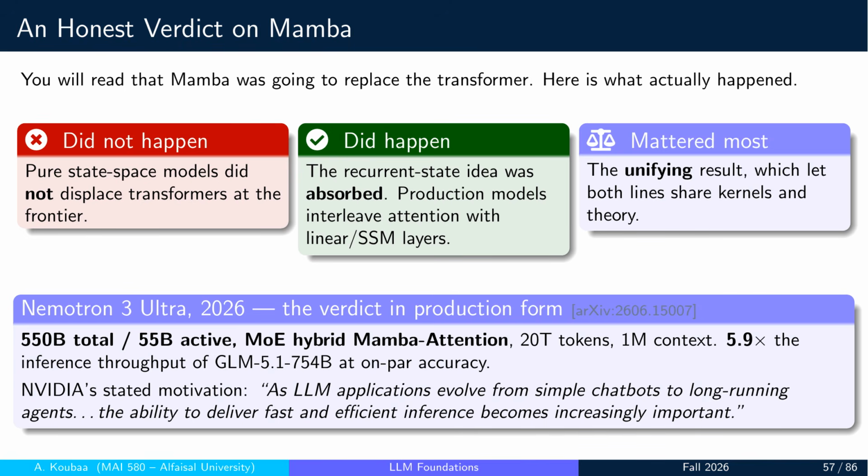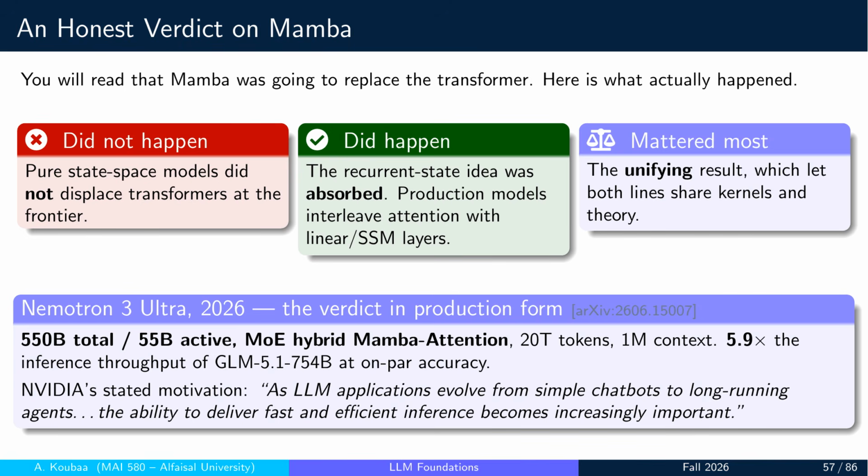It delivers 5.9 times the inference throughput of a comparable model at on-par accuracy. And read NVIDIA's stated motivation, because it repeats the theme of this whole lecture. As LLM applications evolve from simple chatbots to long-running agents, the ability to deliver fast and efficient inference becomes increasingly important. So use model reports critically, but do use them.